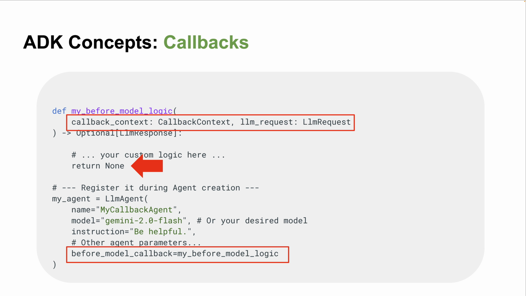So exactly how you override the behavior will depend on the type of callback. If it's a before model callback, for example, like this one here, it means that we will skip the call to the LLM, and instead, whatever we return in this callback function will be given as a response instead.